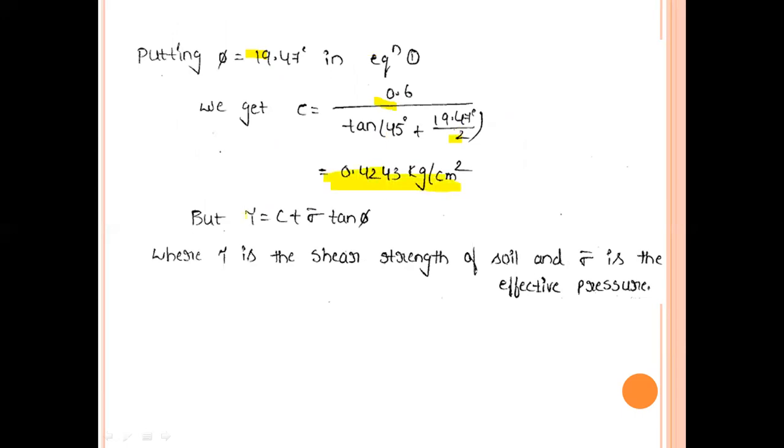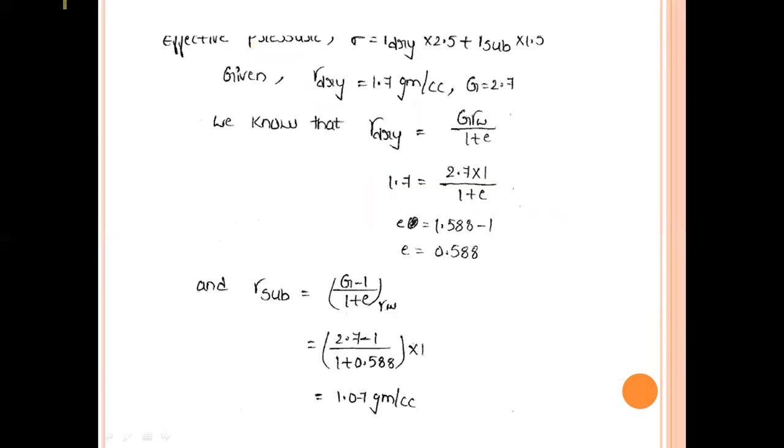But tau equals c plus sigma bar tan phi, where tau is the shear strength of the soil and sigma bar is the effective pressure. Effective pressure sigma bar equals gamma dry into 2.5 plus gamma submerged into 1.5. Gamma dry equals 1.7 gram per cc and G equals 2.7 is given in the data.